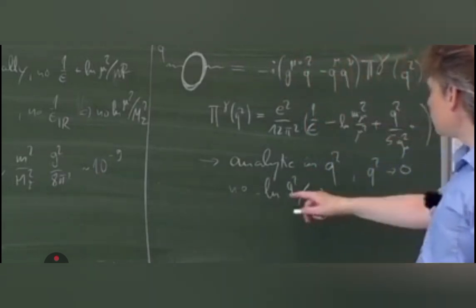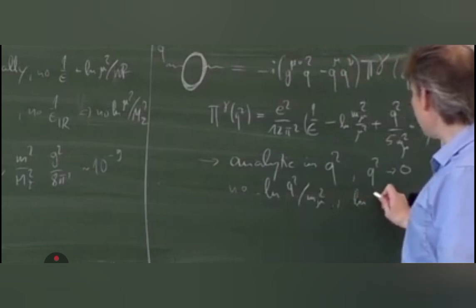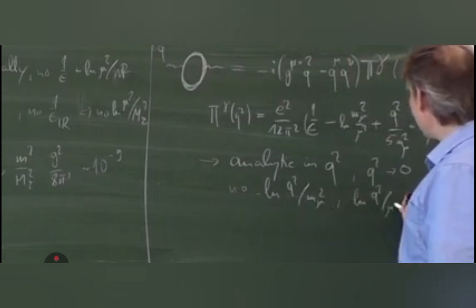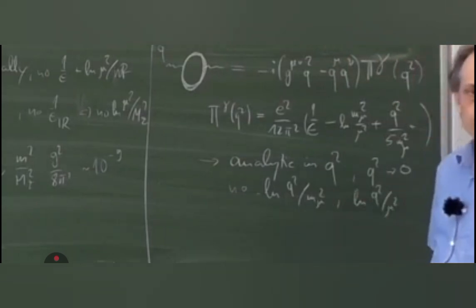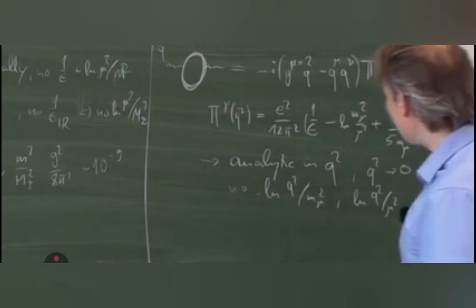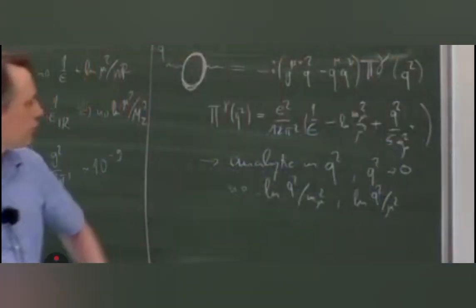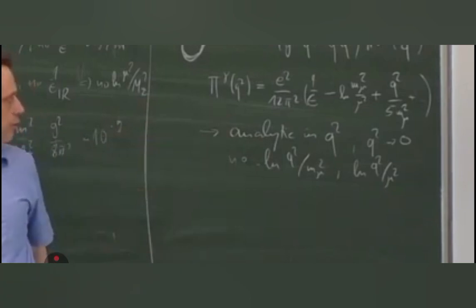In principle, there could be something like ln q² over the muon mass squared, or ln q² divided by the regularization scale μ², but these logarithms do not appear. Instead, we have an analytic dependence at q² going to 0. Analytic means that we can expand it as a Taylor expansion, and the Taylor expansion converges against the true result.